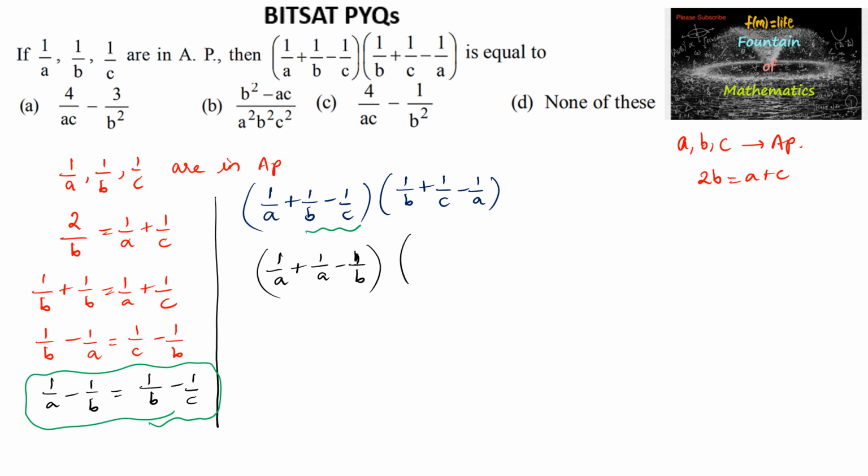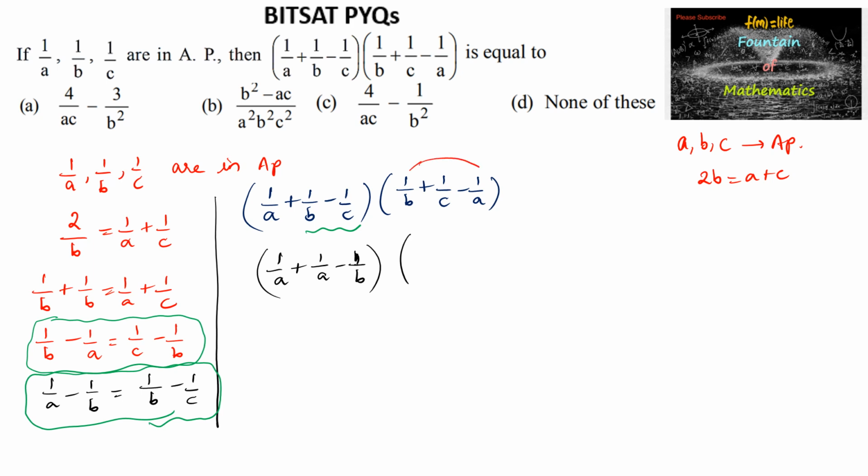And in the second case, we can write 1/b − 1/a. So the second we can consider, 1/b − 1/a is equal to 1/c − 1/b.